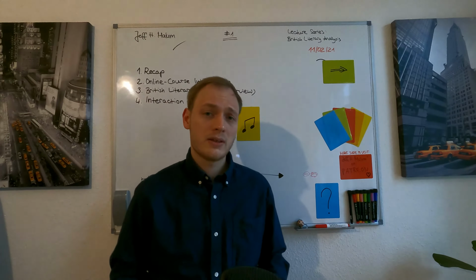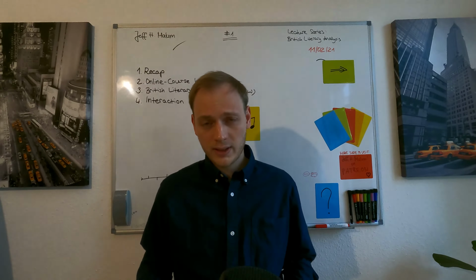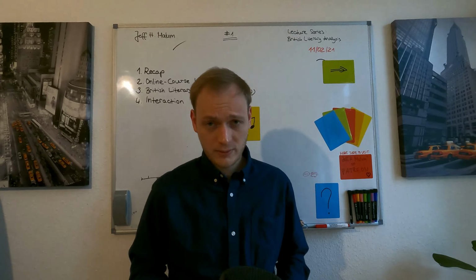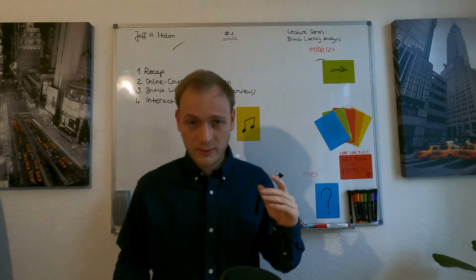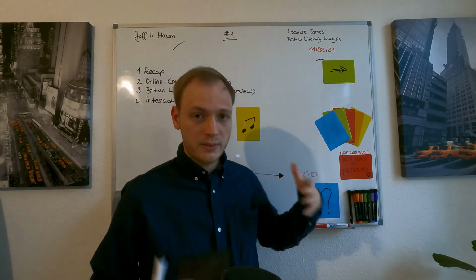The conclusion was that we will have a look at certain texts, that is novels, poems, plays, and short stories of British literature. It focuses on Britain, Great Britain, the British Isles, not world literature. So we will not have a look at American literature, Australian literature, German literature, Japanese literature, whatever. It will only be literature of the British Isles.